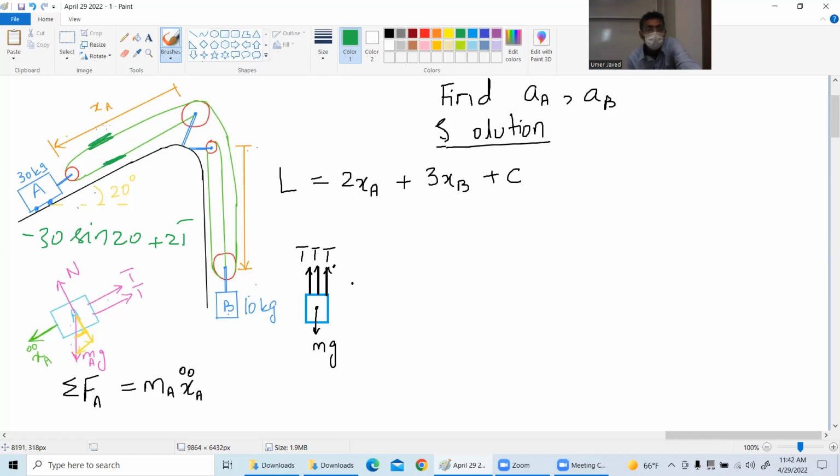And this 27 is definitely greater than 10. 30 sine 20 is coming to 10.26. Plus 2T. Just give me 30 sine 20. 10.26, are you sure? Yes. Did you use radians? Sine 20 in any case is very small, so 10.26 is fine now.